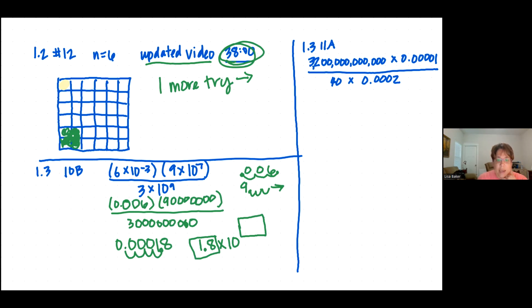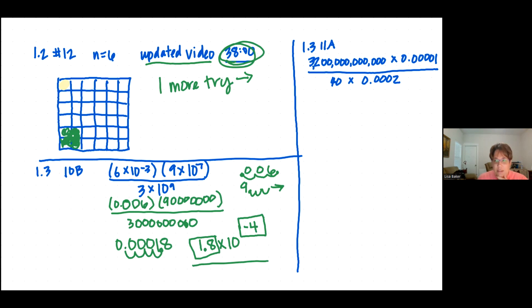How many times did you move the decimal place? You moved it 1, 2, 3, 4. So this is how many times you moved your decimal place. That would be your answer. That's 10B.